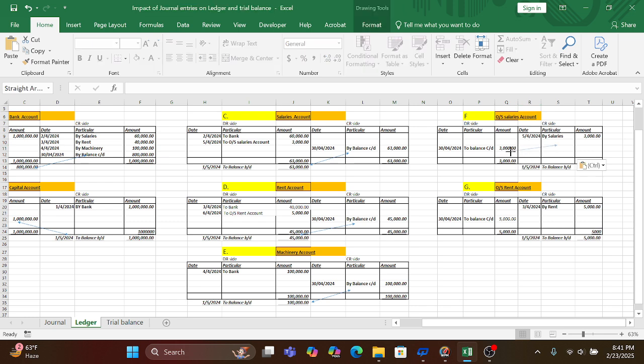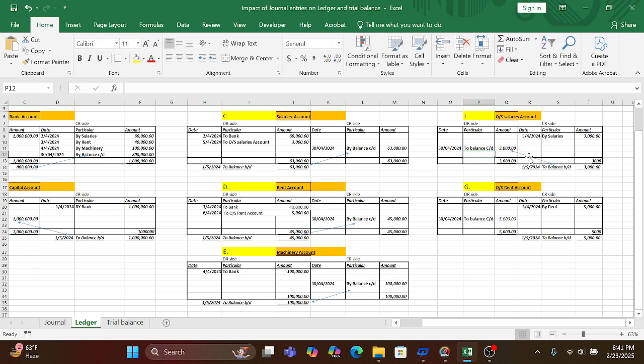And here I have closed the outstanding salary balance in the credit side, so it will be opened in the debit side. Where I have closed the balance in the debit side, it will be opened in the credit side, like this.